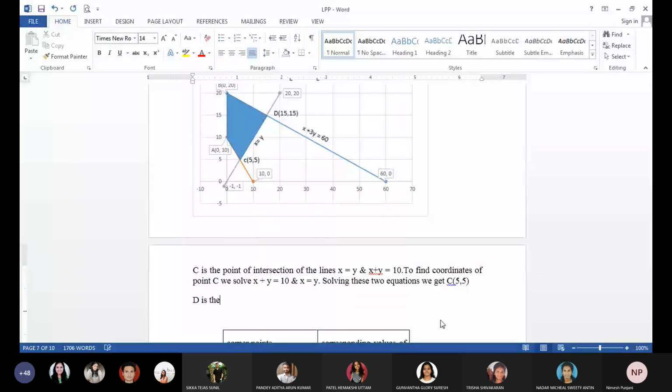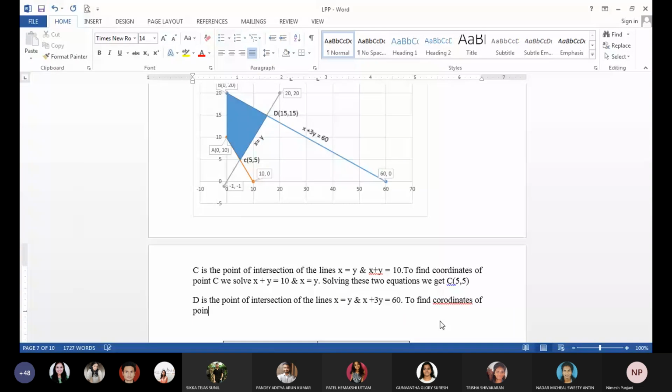D is the point of intersection of the lines x equal to y and x plus 3y equals 60. So to find the coordinates of point D, we solve x plus 3y equals 60 and x equals y.